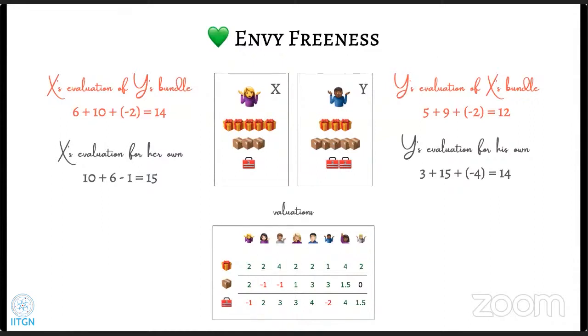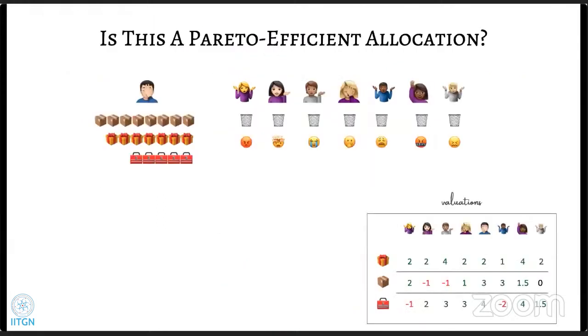So this is a situation where you would say that there is no envy, and you can easily come up with examples where this is not the case, and one agent may feel that somebody has a better bundle than their own. And there are, of course, various other notions. As Sanjukta was already mentioning, you could also talk about proportionality.